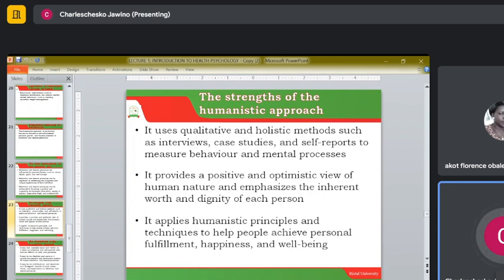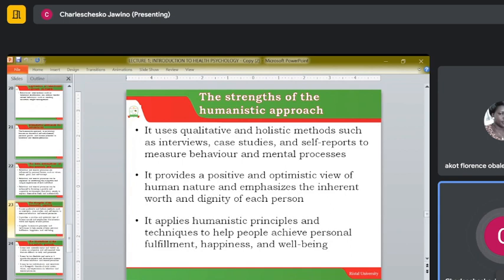You take yourself as a person of low dignity. You take yourself as a hard worker. You get it? Thirdly, as a strength, it applies humanistic principles and techniques to help people achieve personal fulfillment, happiness, and well-being. Of course, humanistic principles here we mean the goals, the norms, the values.